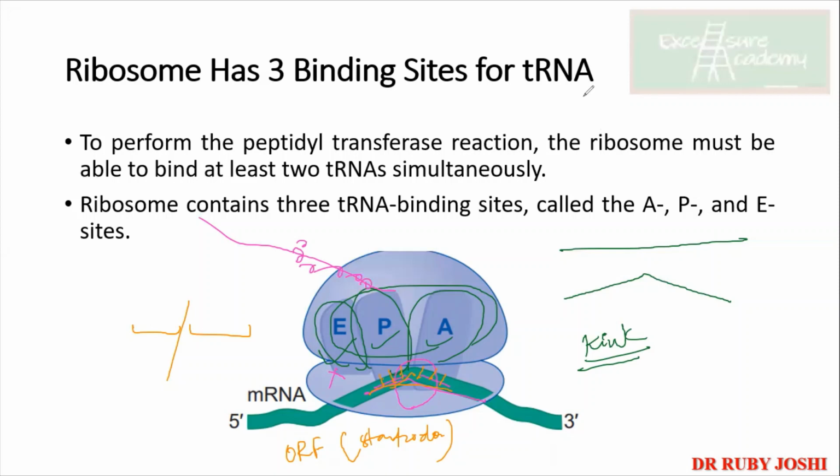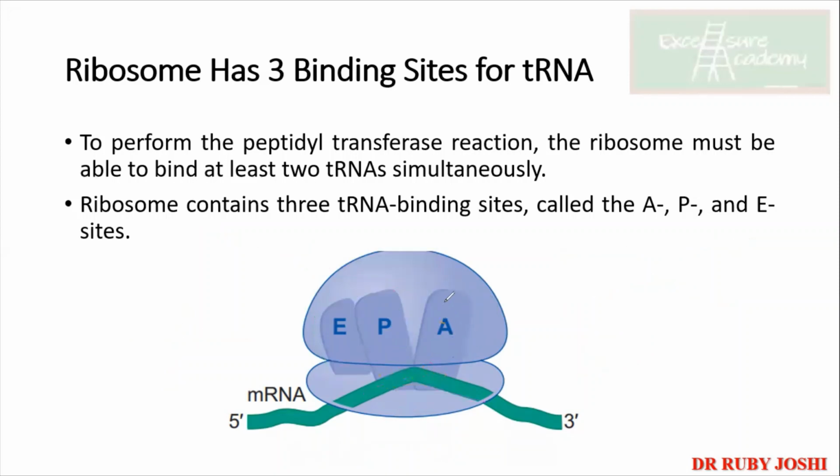So first your tRNA comes at the A site. Let us say your tRNA is coming, having one amino acid. It makes 1, 2, and 3 base pairing, codon and anticodon, correct? The codon of the mRNA and the anticodon of your tRNA, so they have made 3 base pairs. Now it is going to shift to this side.